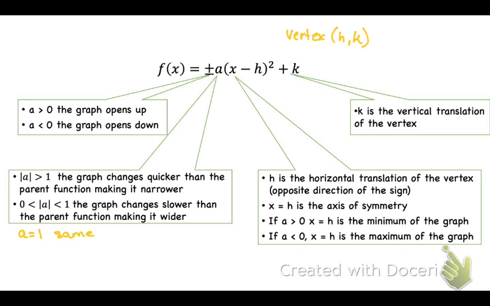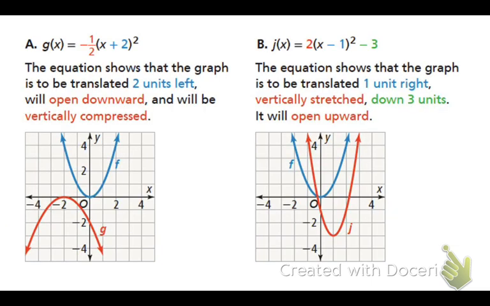Okay. So these are just some examples. I have g of x equals negative 1/2 times x plus 2 squared. So the first thing, we just move left or right. What does the negative tell me? The negative tells me it's going to open down.